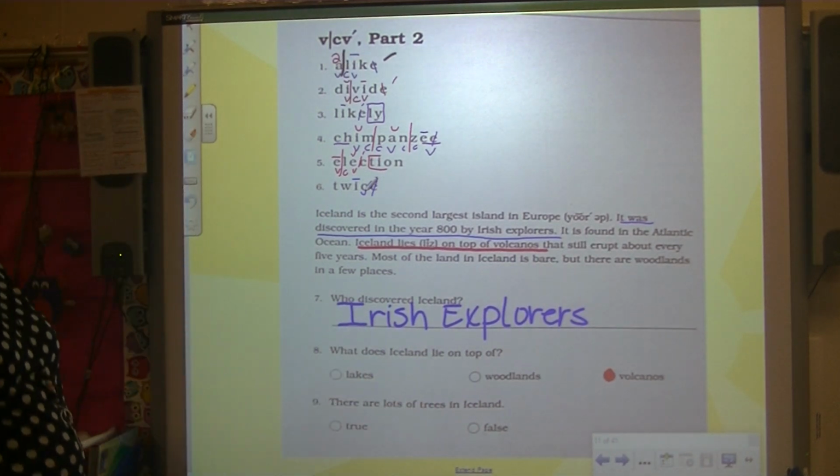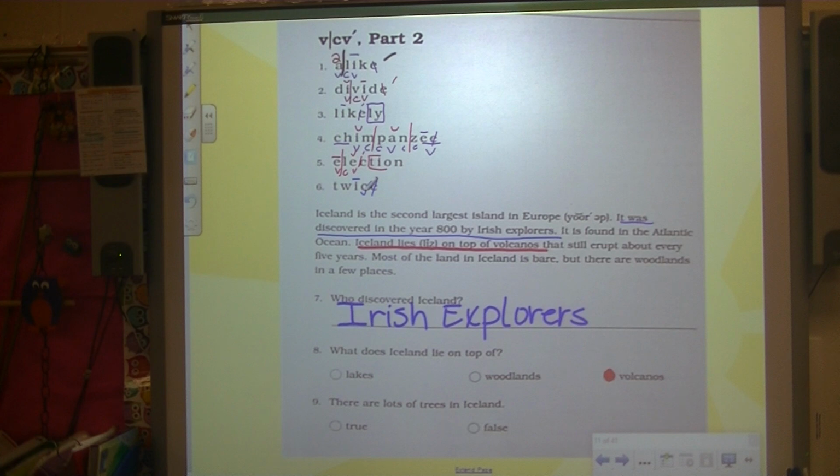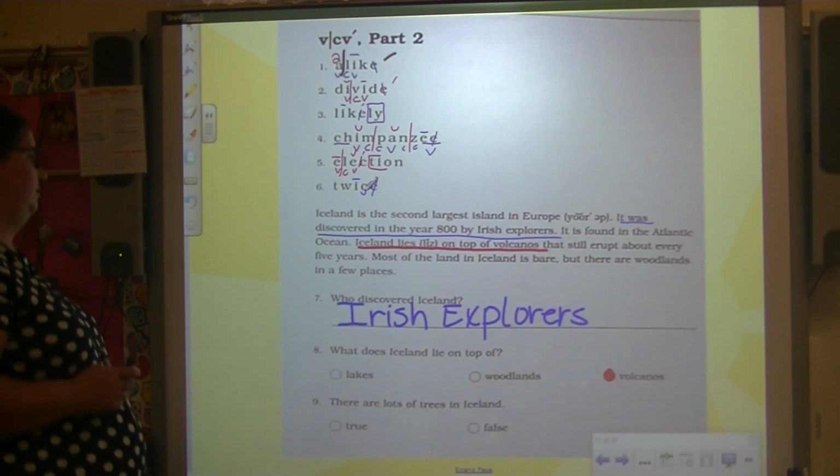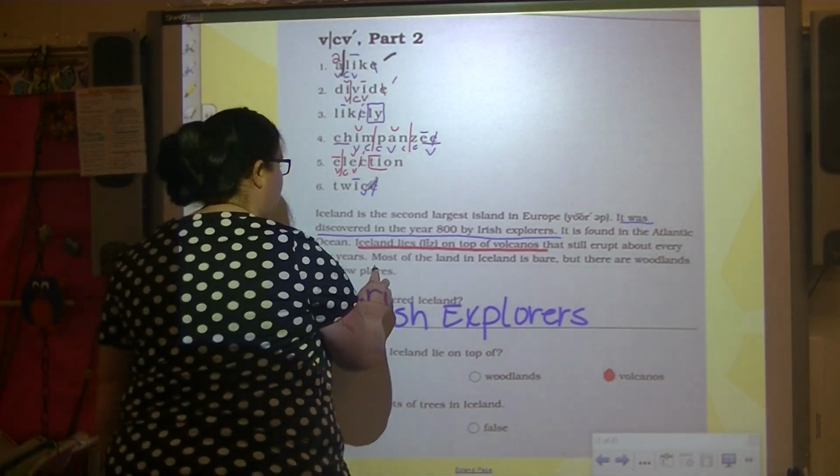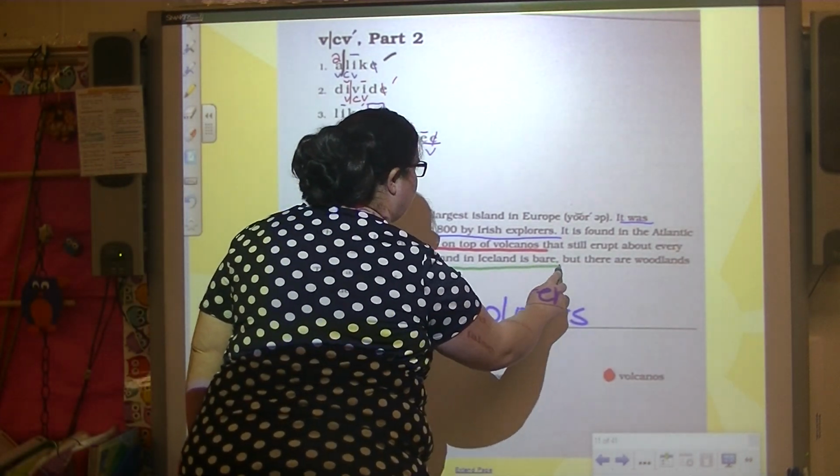are false. It says most of the land in Iceland is bare.